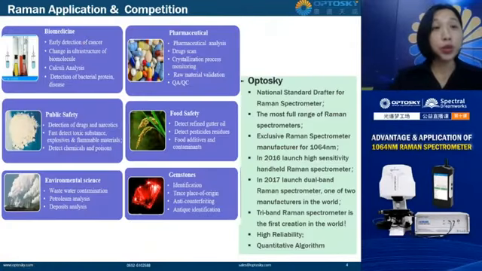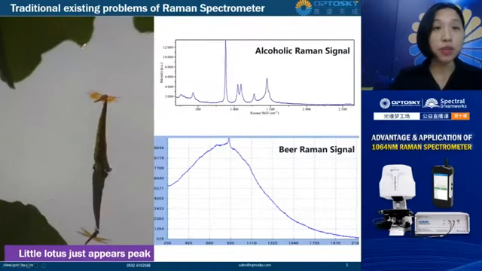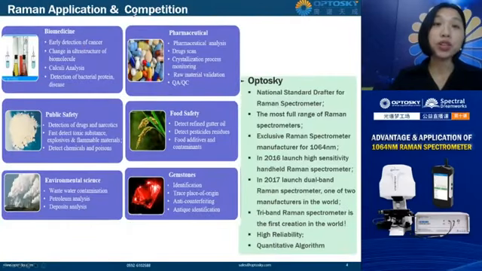Then we are going to introduce the Raman spectrometer applications and Optosky's competitiveness. As we all know, Raman spectrometers are used quite a lot in pharmaceutical industries for QA and QC of raw materials and excipient identification, and also for crystallization process monitoring.